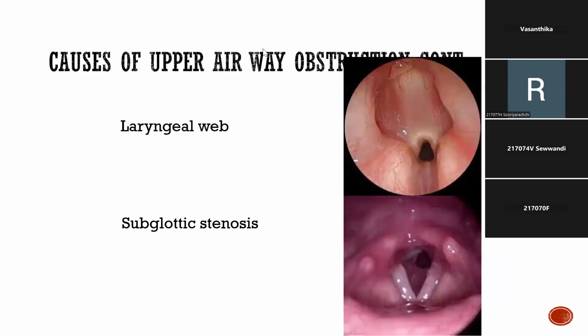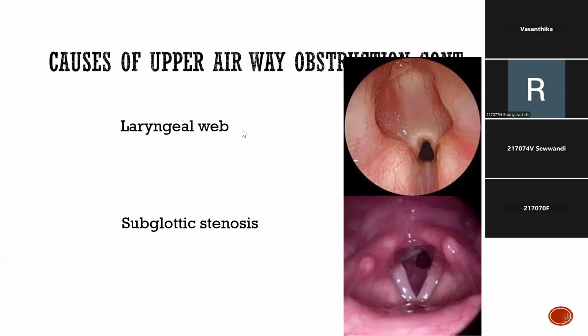Congenital causes also include laryngeal web, as you can see in the picture, where the vocal cords are not separated apart. Whenever childbirth happens, they will go into cyanosis and acute respiratory arrest, so you might have to do a tracheostomy at birth.